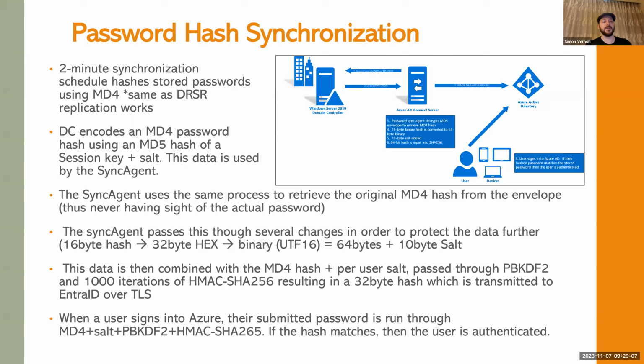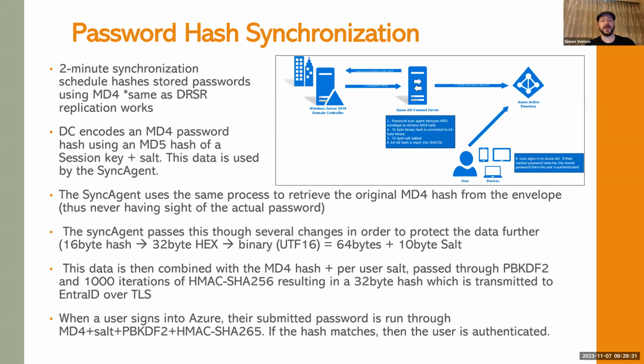The sync agent then passes this through several changes in order to create a package that's going to be delivered over the public internet, because this is the risky part. We're now taking this super sensitive data, this secret or a hash of the secret, and transmitting it over a public channel. We've got to do something with it before that happens. So it goes through a little bit of an additional process.